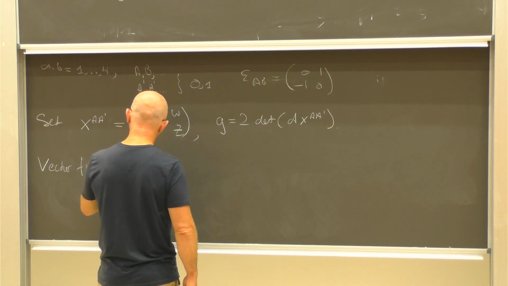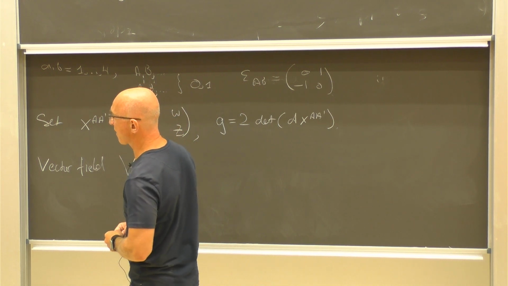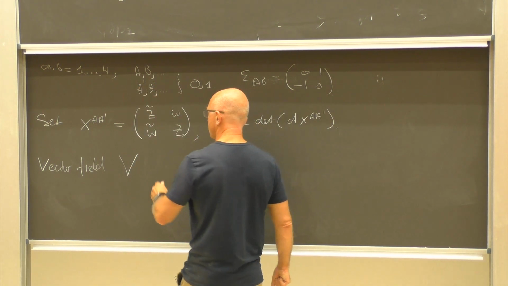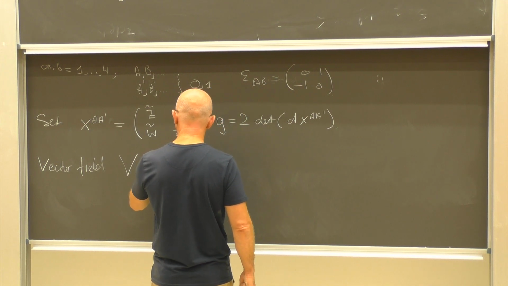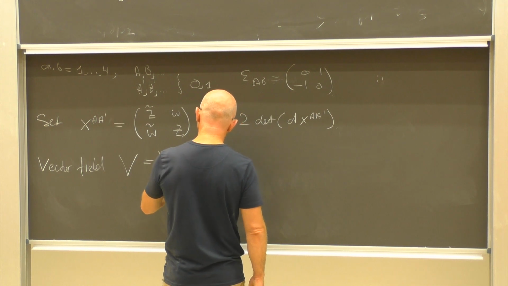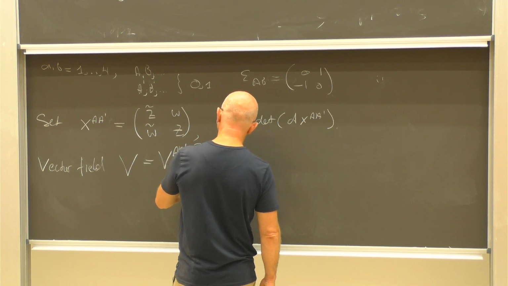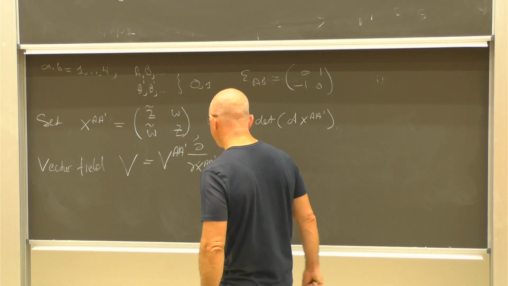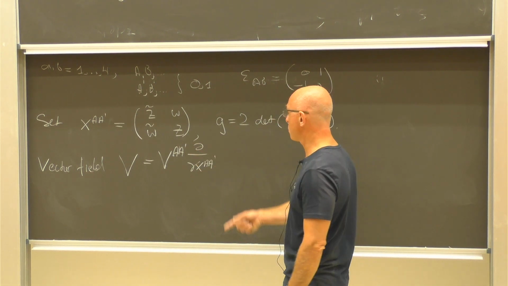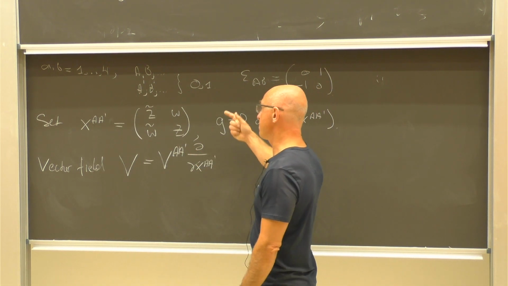Now, if I have a vector field V, I can expand this vector field into a coordinate basis using these coordinates. So I can write this vector field as V AA prime d by dx AA prime. I can then compute the norm of this vector field with respect to the metric.